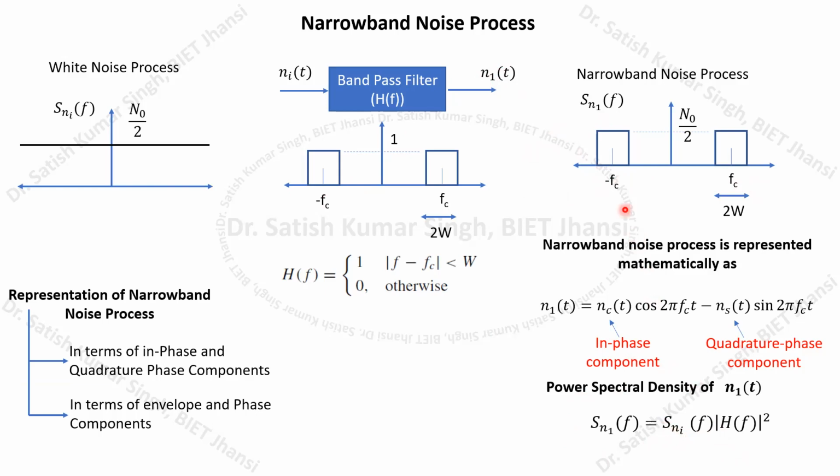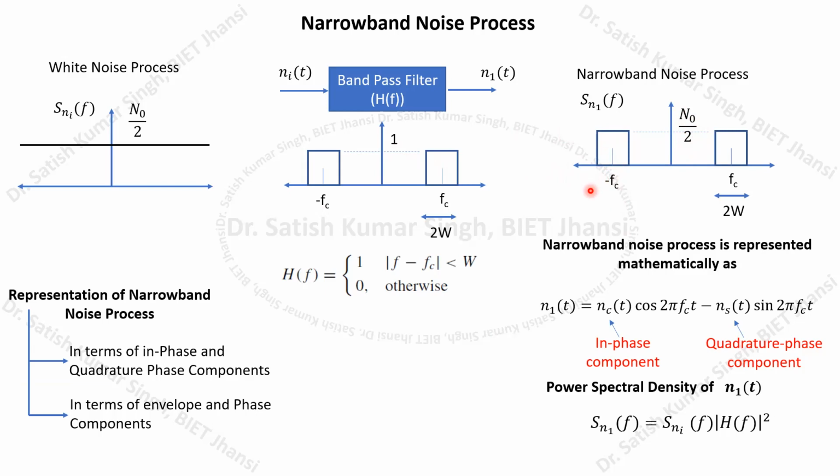So obviously we get a PSD curve similar to the frequency response of the filter. The only difference is that the magnitude has now become N0 by 2, because we take the mod of H(f) whole squared, and here H(f) equals 1. So this is the output power spectral density function.